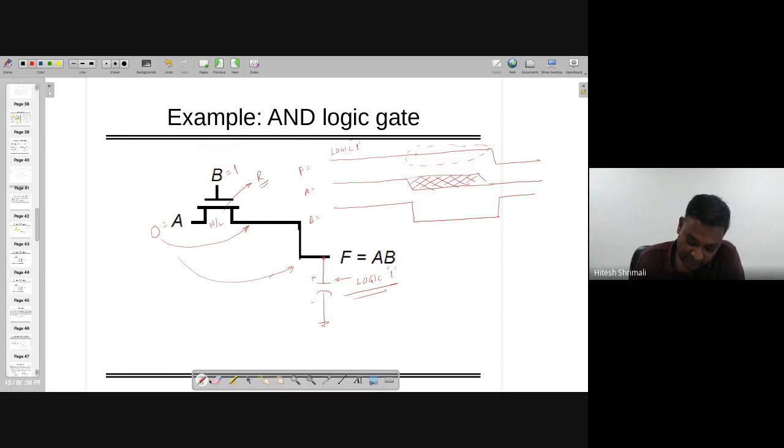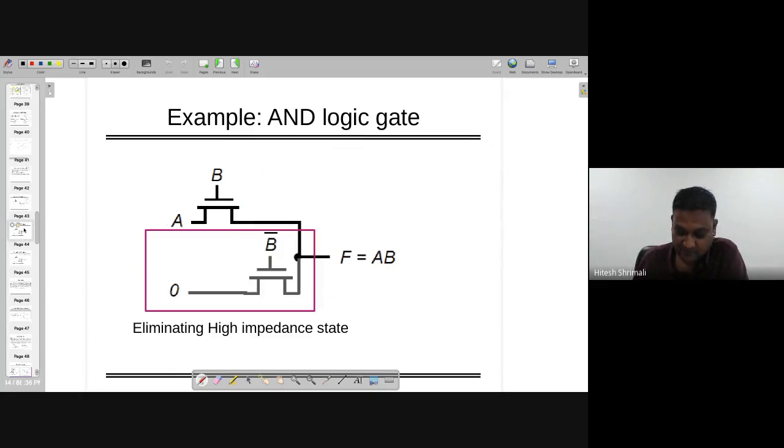Now the problem remains when B equal to 0 and A equal to don't care any of the value, and if the node is charged to 1 and F equal to 1. This is the problem. I cannot bring it back to 0. So what we need to do is as follows. You can have one more branch in parallel.